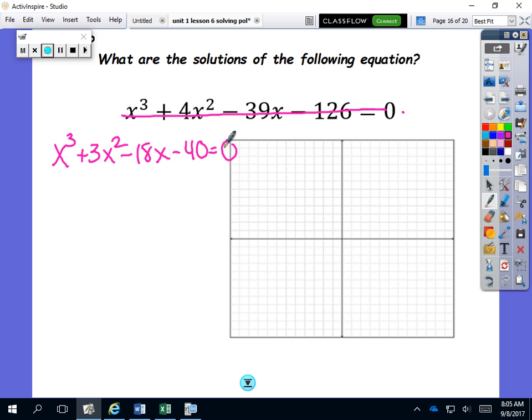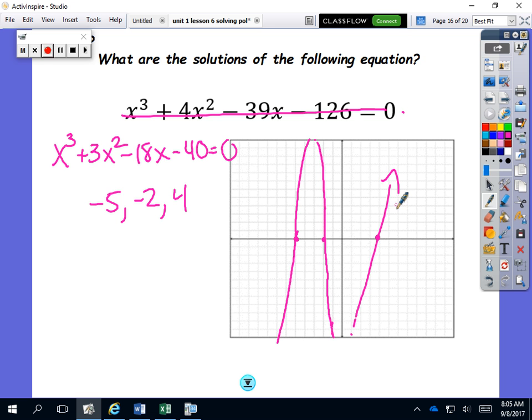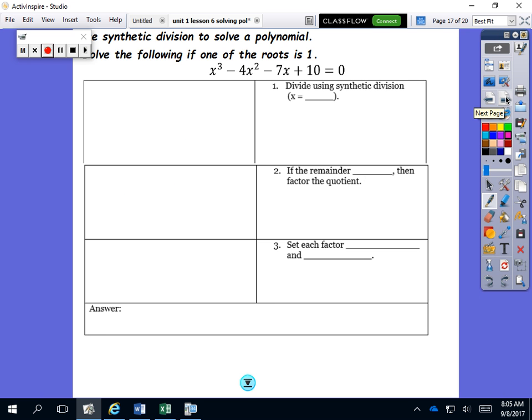When you put that in your calculator, you should get the solutions of -5, -2, and 4. So -2, -5, 1, 2, 3, 4, and again, just wing it. And your graph should look something like that. Okay, that's how you solve by graphing.